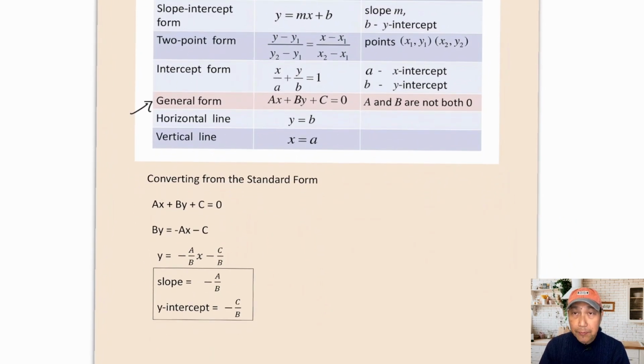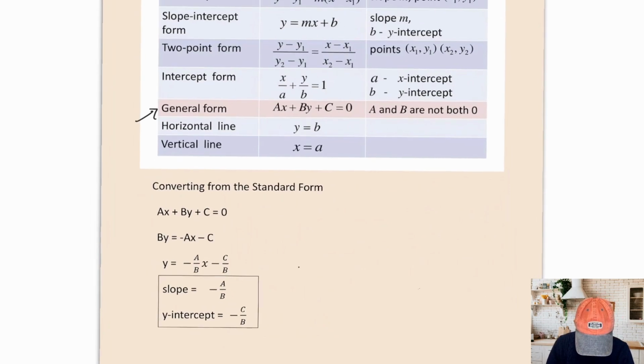After arranging some terms, we can compare this expression with the slope-intercept form, which is y equals mx plus b, where m is the slope and b is the y-intercept. Equating the coefficients, we find that the slope m is equal to negative a over b, and the y-intercept b is equal to negative c over b.